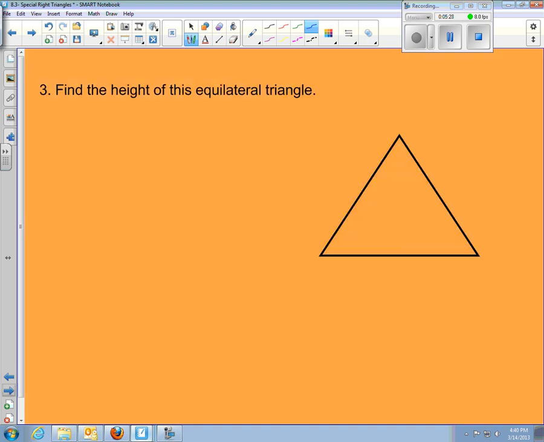All right, to the back side here, if we look at the equilateral triangle, all the angles are 60 degrees. But if I split it, now I've created a 30, 60, 90 triangle. Actually, we've created two. And we have our short leg here, we have a long leg, and we have our hypotenuse.